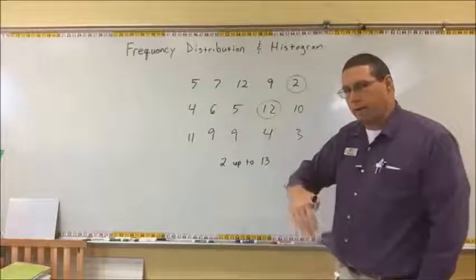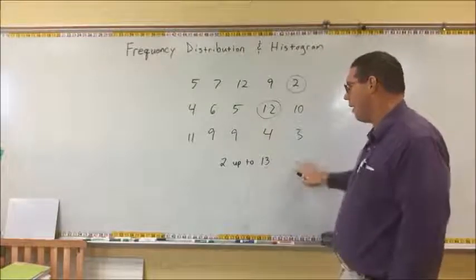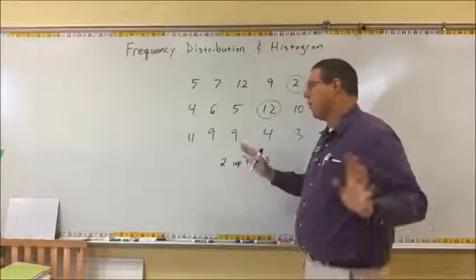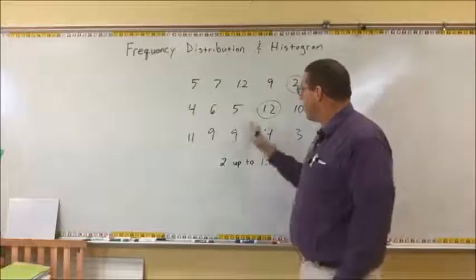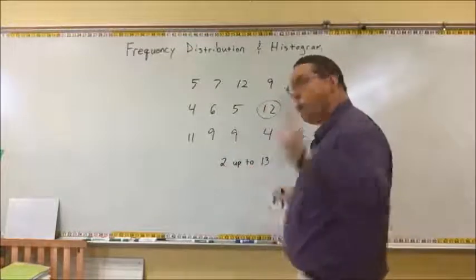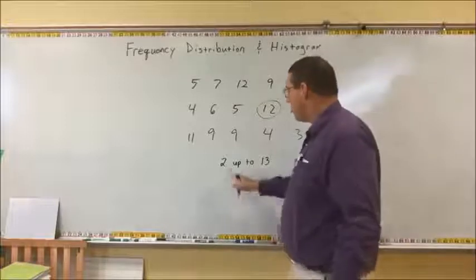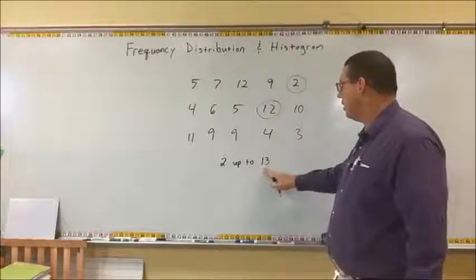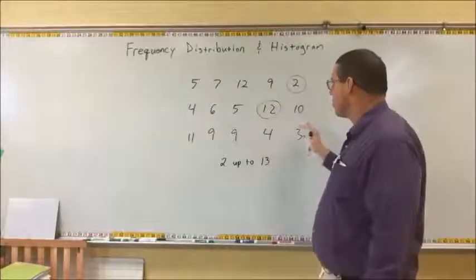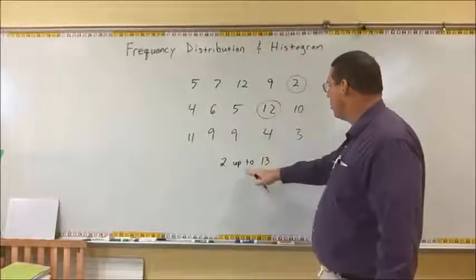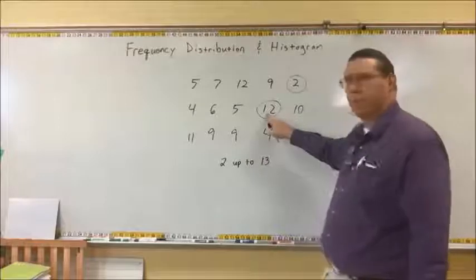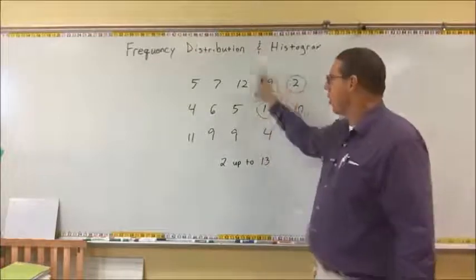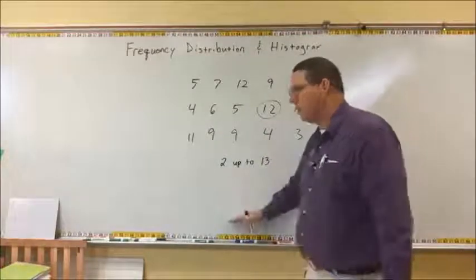I'll explain that later, because that would be put in the next group up. So let's say that we have just one class, and that's all numbers that start at 2 and go up to 13. Well, all of these numbers start at 2 and go up to, not all the way up to 13. The highest number is 12. So we'd put all of these numbers into one class.